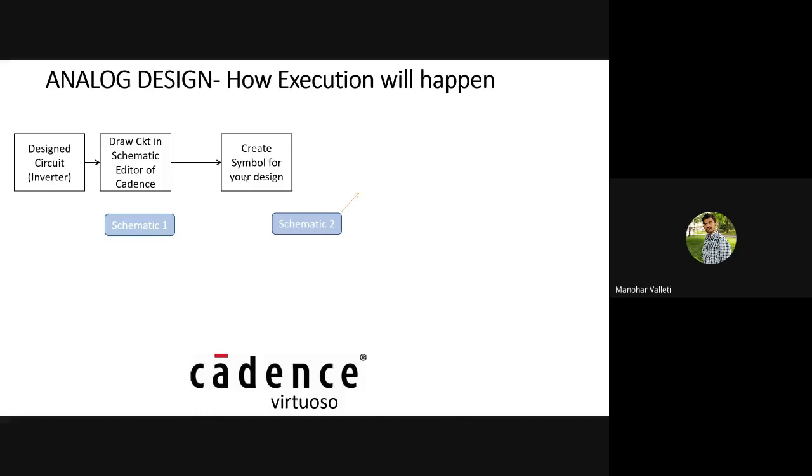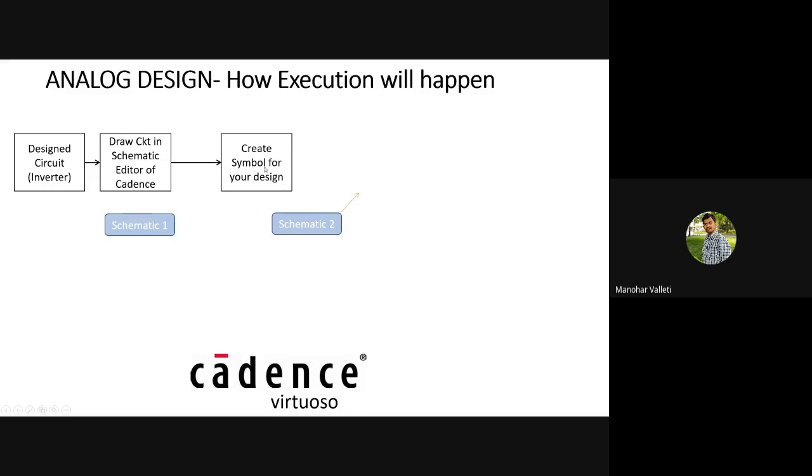Let us say you design the inverter circuit. If you want a number of such inverters, it is easy for you. Let us say a design is using 10 inverters. You can take 10 such boxes and easily design it, instead of connecting 10 PMOS and 10 NMOS transistors, 20 transistors, in a schematic window.